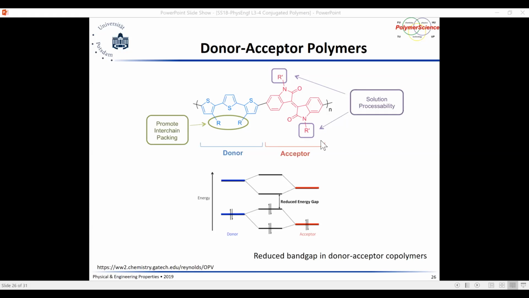On the acceptor unit, you can see that we have alkyl chains, and usually the larger these are, the more soluble the system would be. So we put the alkyl chains in for solubility.